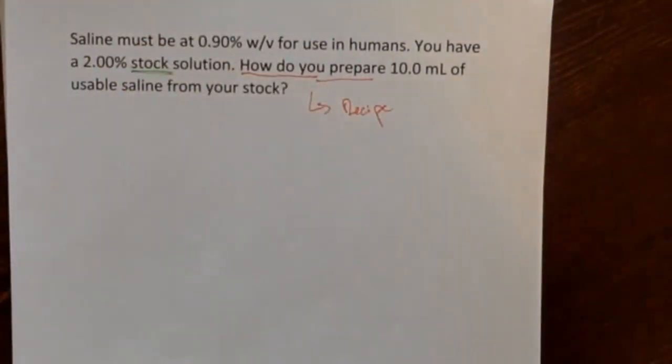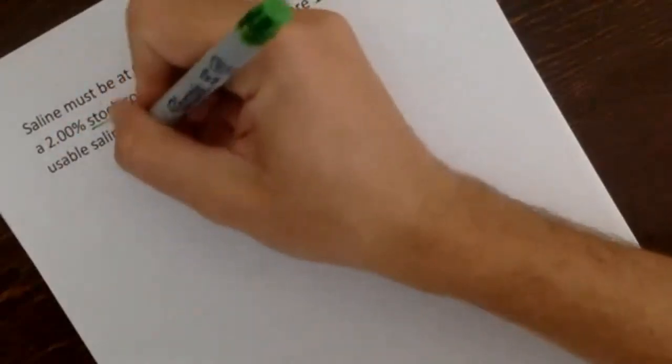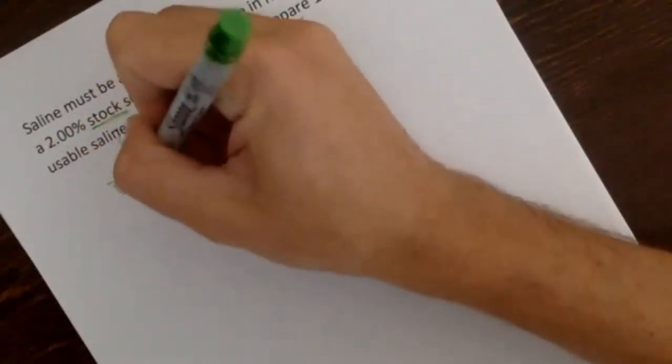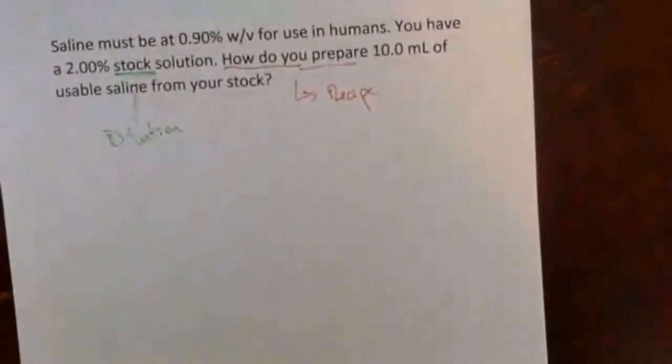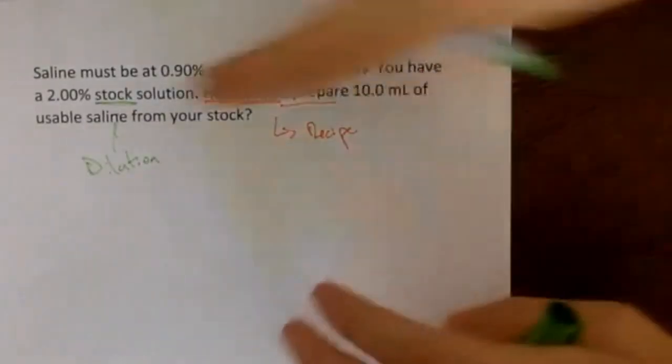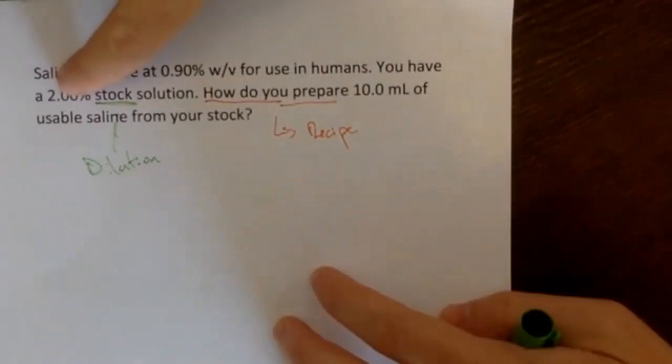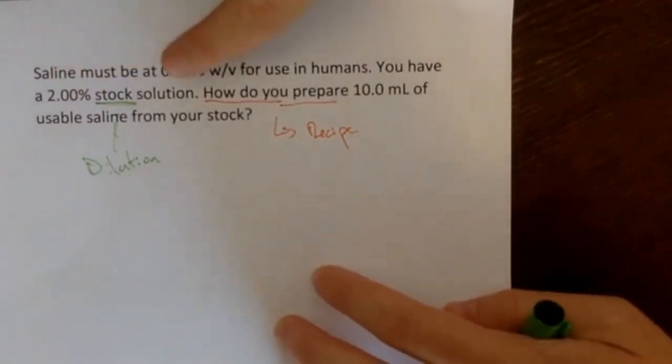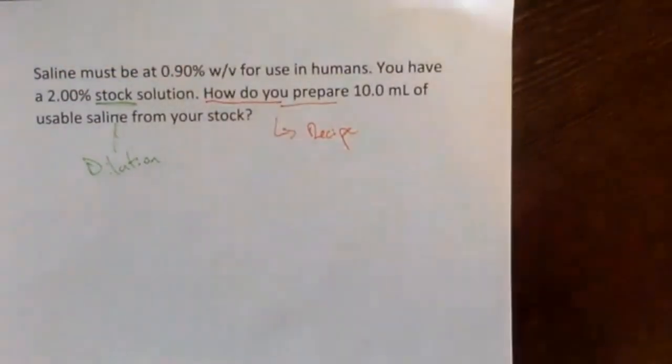So when we're given information on a stock solution, that is a good sign that we are going to be using dilution, that we have some sort of more concentrated solution to which we add additional solvent to produce a more dilute solution, our lower target concentration.